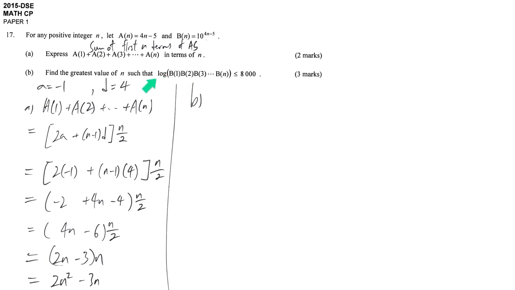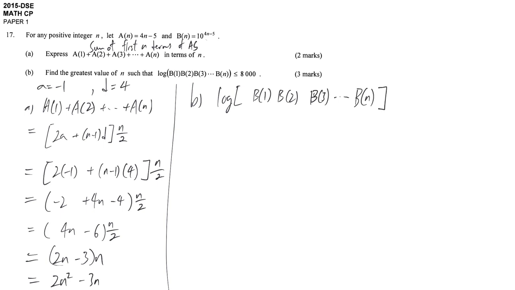Part B is also not difficult, but maybe you think that it's too complicated, then you just focus on your target and try to express it in terms of n first. Then maybe you get some idea. So we have on the left hand side, log of b first term times b second term times b third term until b n term.